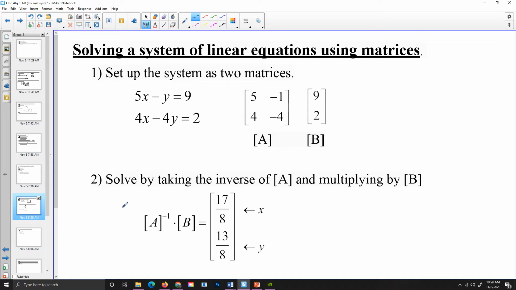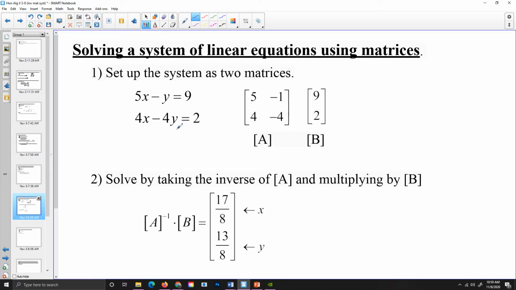All right, so if we are going to solve a system of linear equations using matrices, we're going to take this system, and here's our system. It's 5x minus y equals 9, and then 4x minus 4y equals 2. The way that we're going to set it up is we're going to set up two matrices.